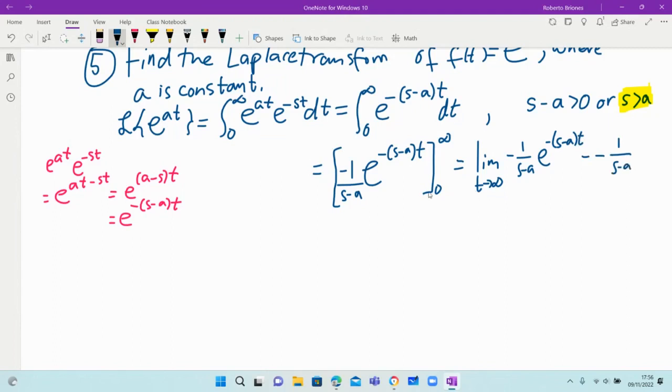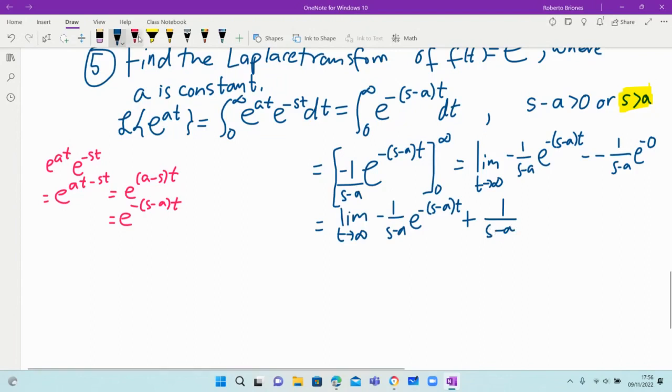If we plug 0 into the exponential term, we will have e to the negative 0, which is just equal to 1. So we have the limit as t goes to infinity of negative 1 over s minus a times e to the negative quantity s minus a t plus 1 over s minus a.